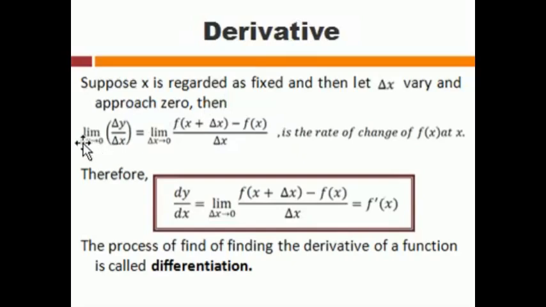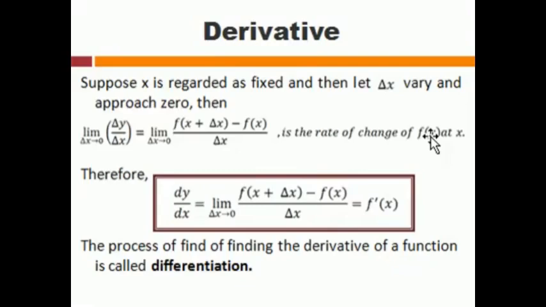Then the limit of delta y over delta x as delta x approaches 0 is equal to the limit of f of x plus delta x minus f of x over delta x as delta x approaches 0, which is the rate of change of f of x at x. Therefore, dy over dx is equal to the limit of f of x plus delta x minus f of x over delta x as delta x approaches 0, which is equal to f prime of x.